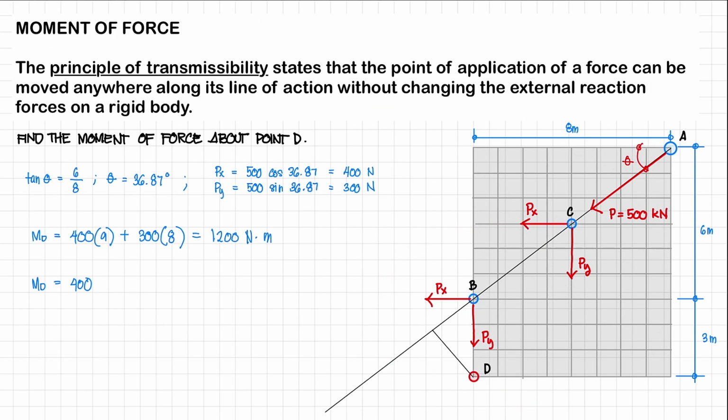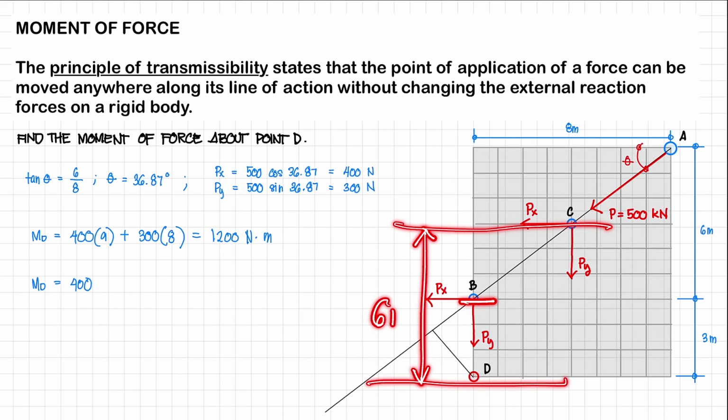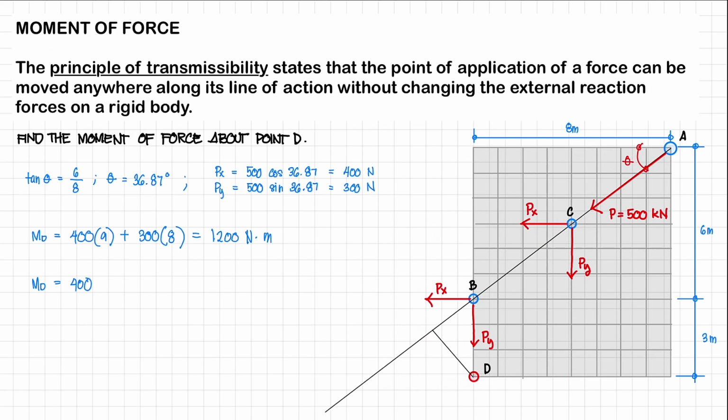For the perpendicular arm, this is going to be our perpendicular arm, which is equal to 6 meters. So we're going to multiply this by 6 meters. And then our Py is going to rotate in a clockwise direction. Oops, sorry, this should be negative.